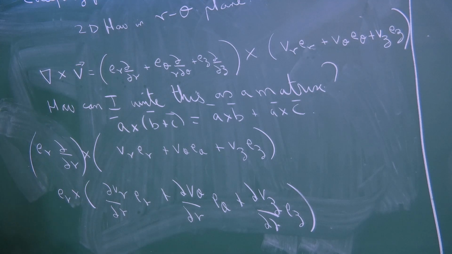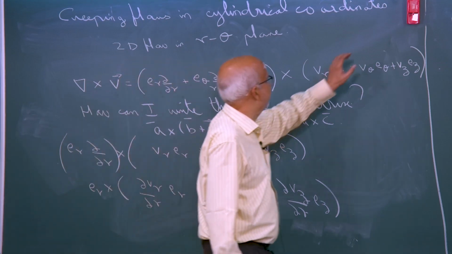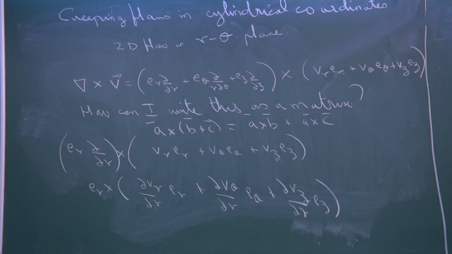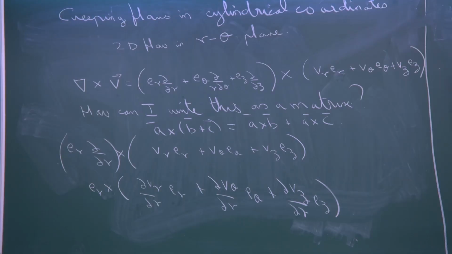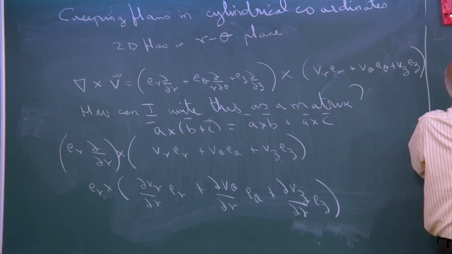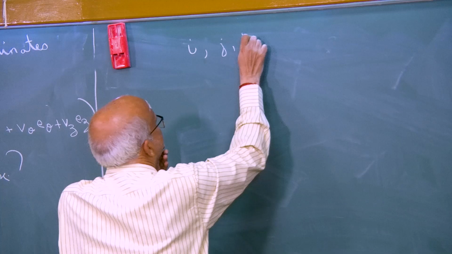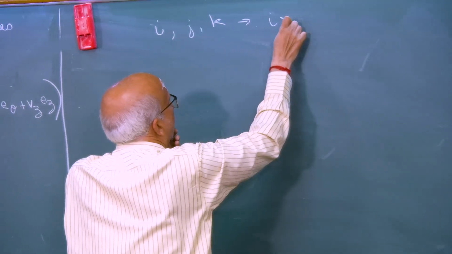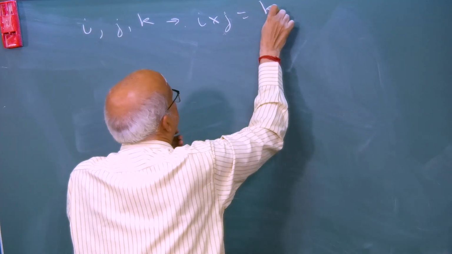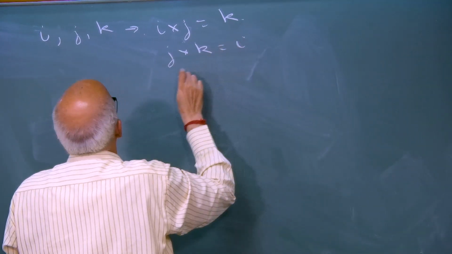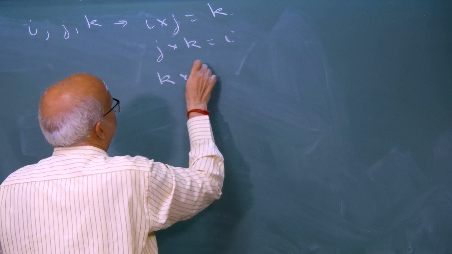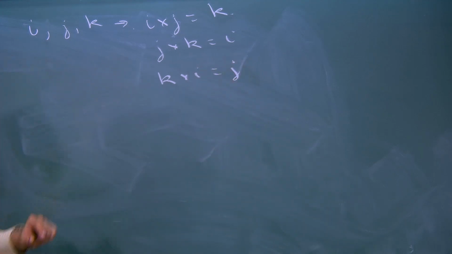Before I proceed, I want to mention that in the Cartesian coordinate system you have I, J, K. I cross J is K, J cross K is I, and K cross I is J. Do it in a cyclic way.